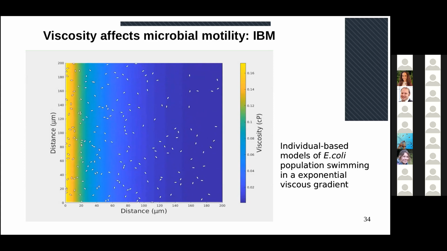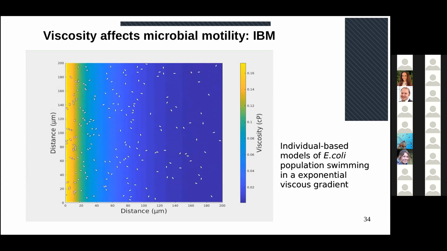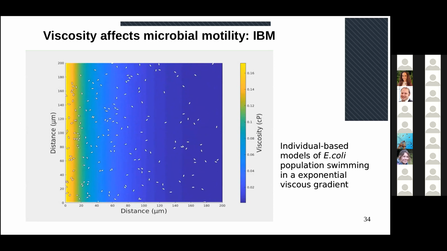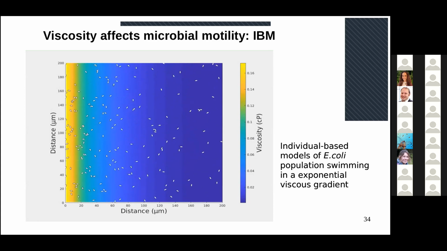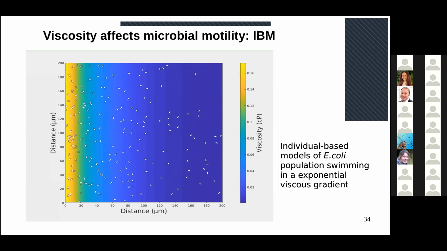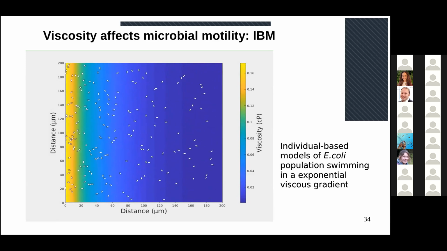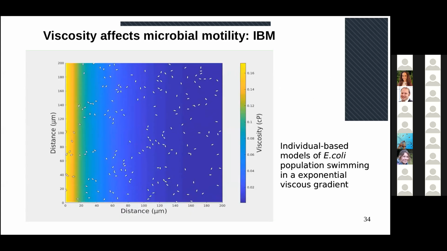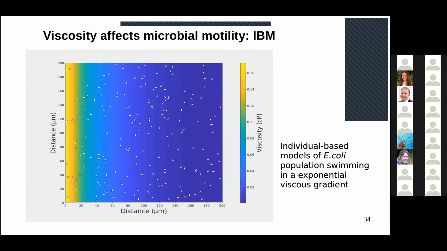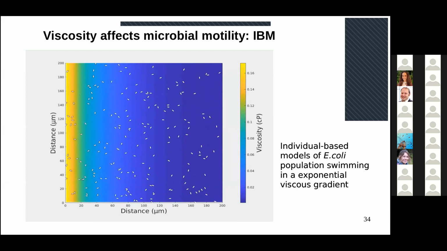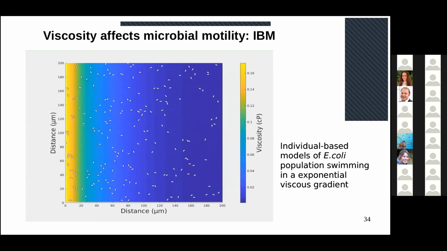And then we simulated hundreds and thousands of bacteria swimming using this run and tumble, and we used the observed experimental functional relationships with viscosity. So we used this model to look at the behavior of the bacteria when they found a gradient of viscosity or of nutrients, or both.